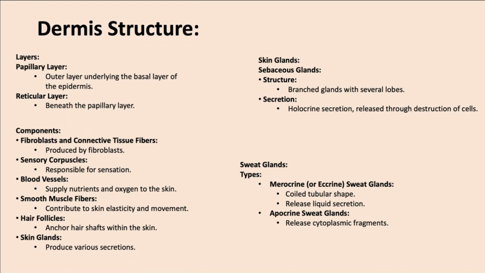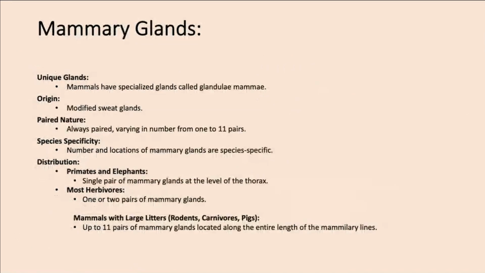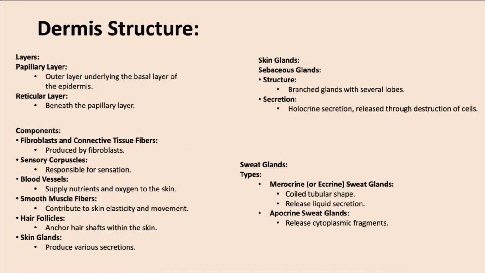But the apocrine ones break down parts of their cytoplasm as they're releasing the secretion out from the dermal structure and up into the epithelial layer within the epidermis. And that is something that was covered in cytology before.